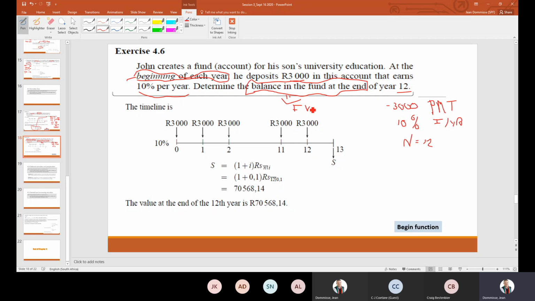If you don't use the begin function, the value won't be that far off. This one was actually because the 3,000 is quite a big amount. So if I didn't use the begin function, the value would have been 64,152. So it just shows the big amount that the interest does as well.